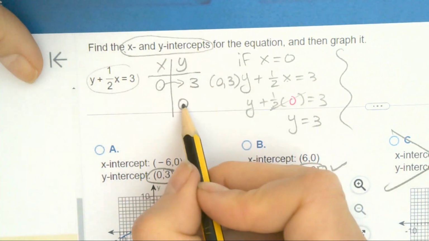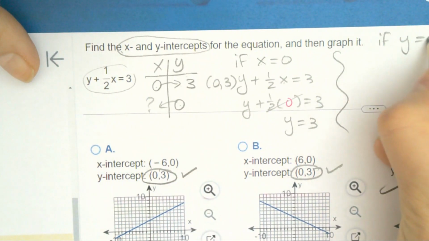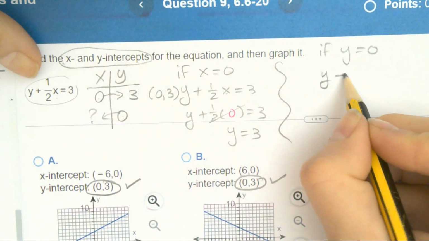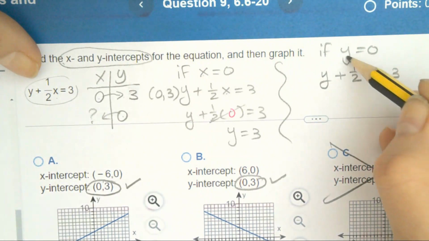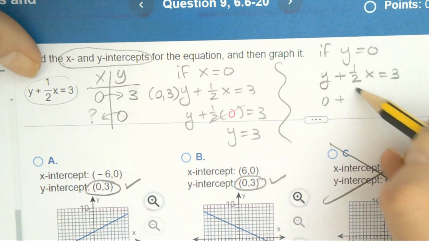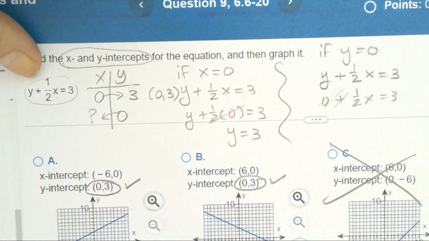If y is 0, what is x? So if y equals 0, let's write the equation out. Y plus 1/2 x equals 3. Instead of y, we're going to put a 0. So the 0 is going here. So that's gone because it's just a half plus. Oh, I hate fractions.